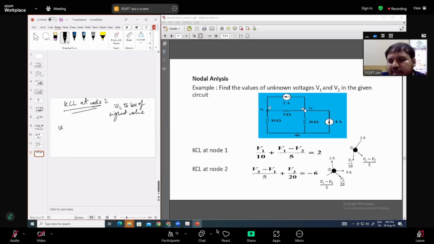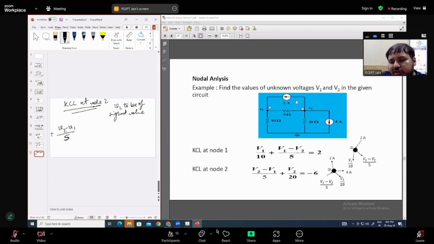Now, what are the different branches? We are considering V2 is greater than V1, so current flows from higher to lower potential, out of this node. So it will be plus sign, and the value is V2 minus V1 divided by 5.